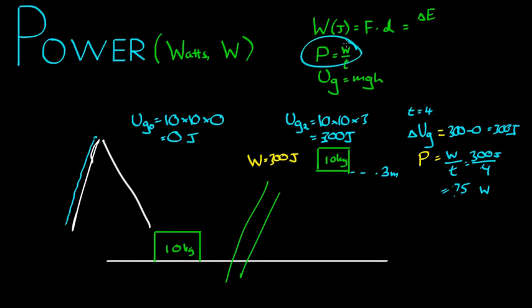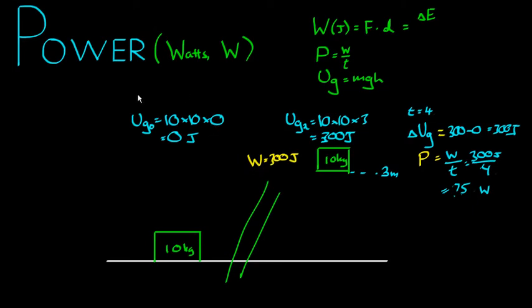That's because as time becomes big, power becomes small because we're dividing by a larger term. However, if they really rocket to the top, time becomes small, and therefore power becomes large. Dividing by a smaller term equals a bigger result.